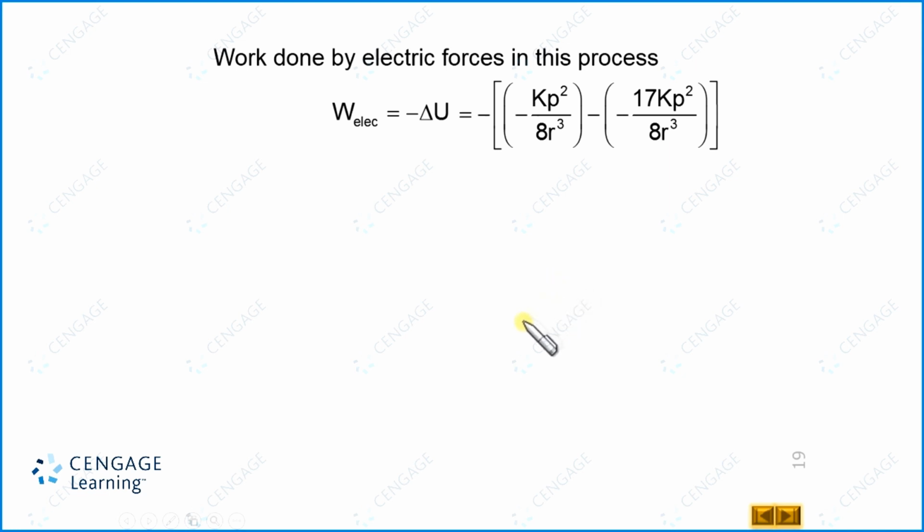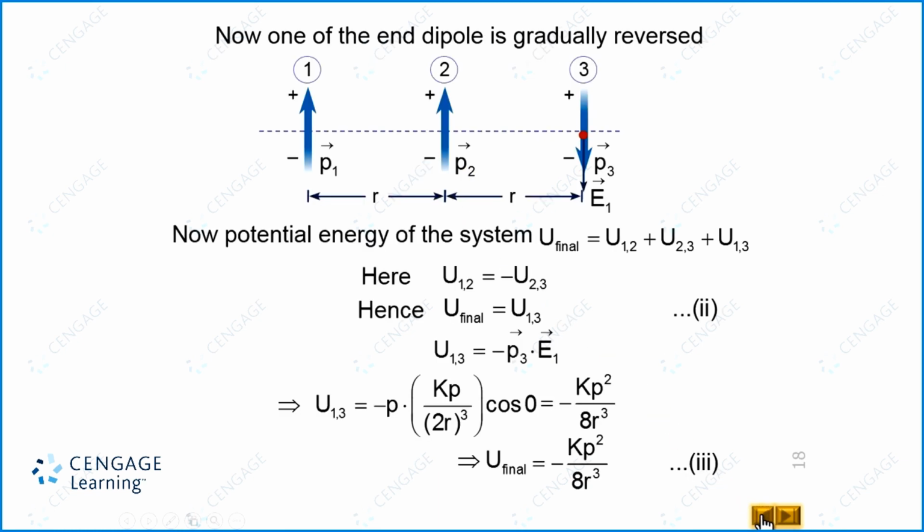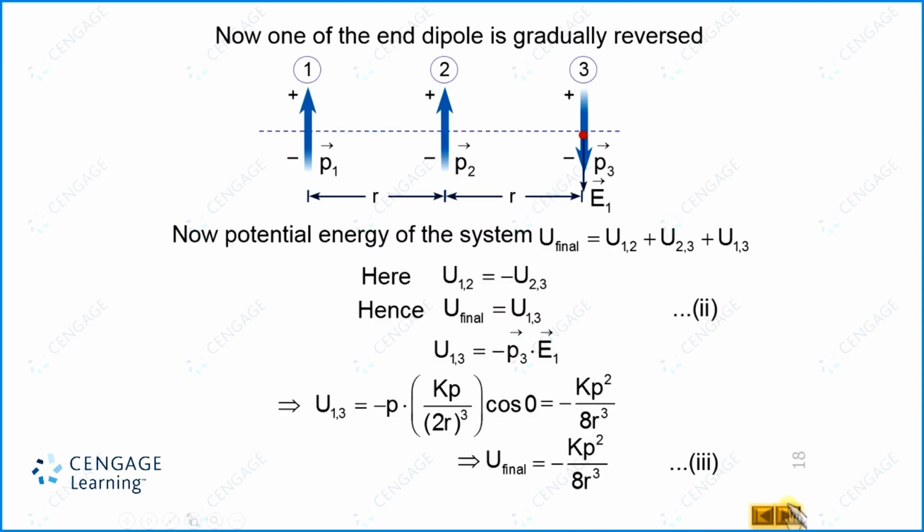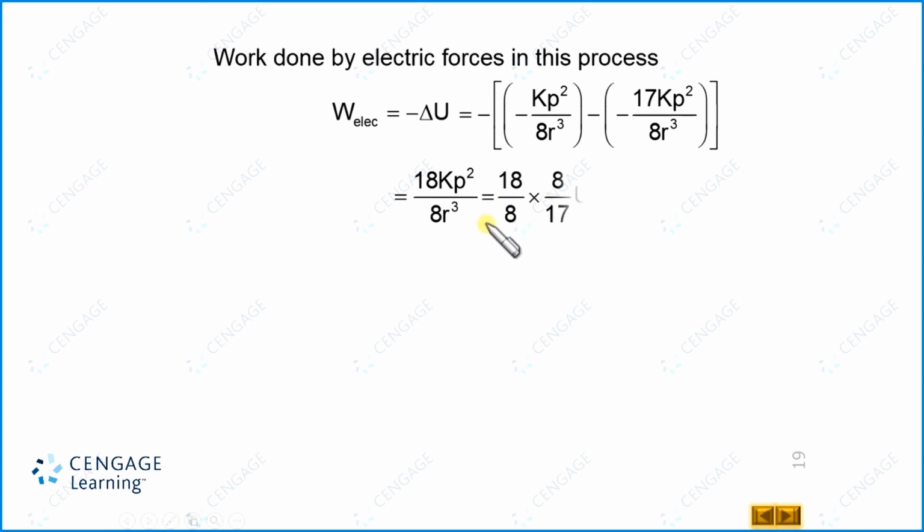Now we can simplify. This is equal to 18 Kp square divided by r cube, and we have calculated the value of Kp square divided by r cube as 8 divided by 17 U naught. So let us substitute this value, and now 8 and 8 will get cancelled. This is equal to 18 divided by 17 U naught. This is the work done by the electric forces.